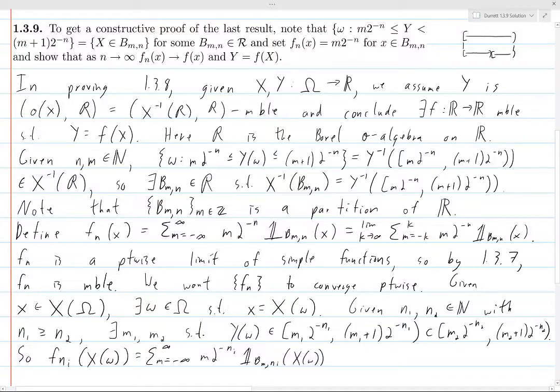And so this term is going to exist precisely when X of omega belongs to B_{m,n_i}, in which case the resulting value is going to be m_i 2^(-n_i). And this will hold for i equals both 1 and 2. Instead of doing this for i equals 1 and 2 separately, it's the same argument, so I just do it for both.